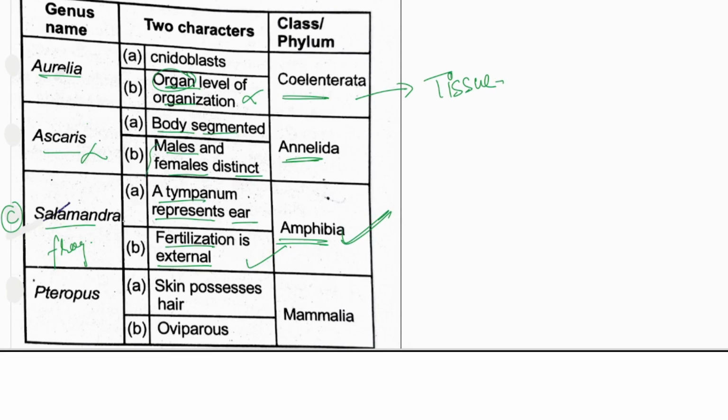Then Patroclus or the Macaca, they are mammalian, possess skin, possess hair, and they would be oviparous and viviparous both, but not only oviparous because of the Patroclus. It would be incorrect, right? So D would also be incorrect, A and B also incorrect. So we will go with the third option.